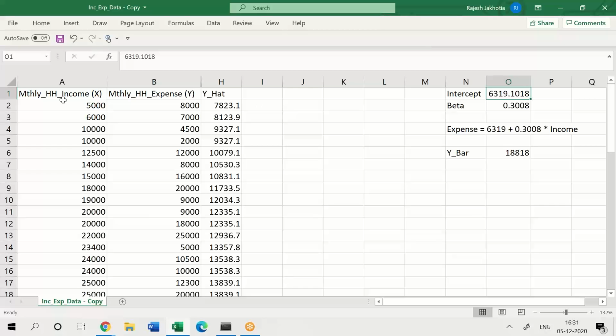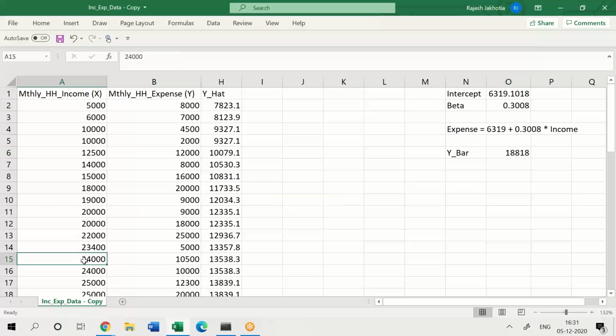In case I don't know income, if this information is not available for any household, if I have to estimate the expense, in absence of any information, we always rely on the average. So for any household, we will predict the expense as 18,818. This household has 5,000 rupees as income, but this information is not available, so I end up estimating expenses of 18,818.